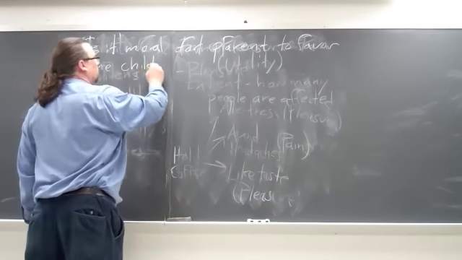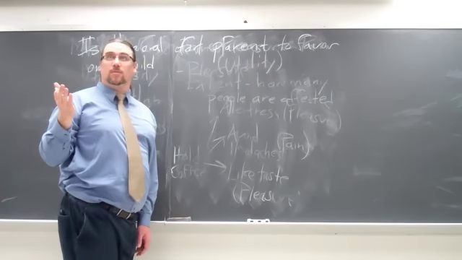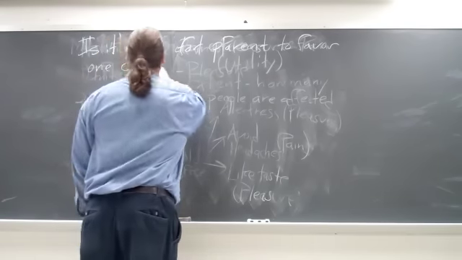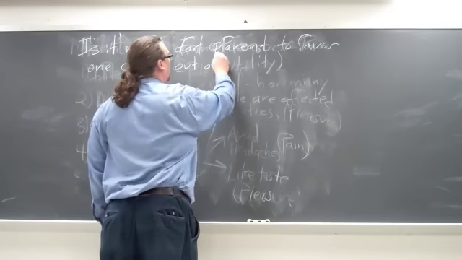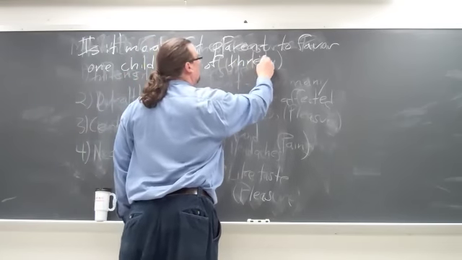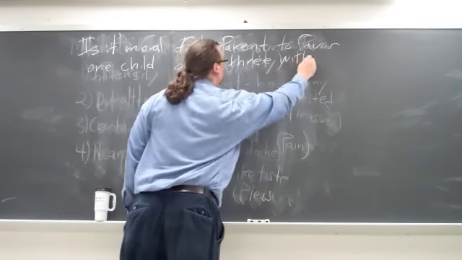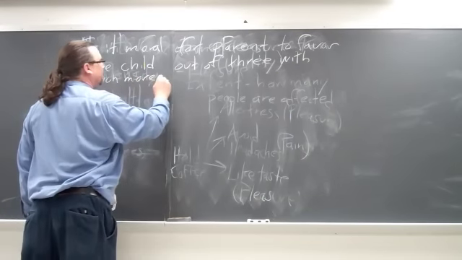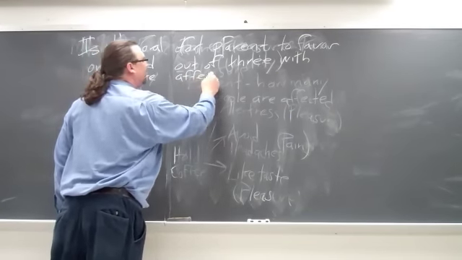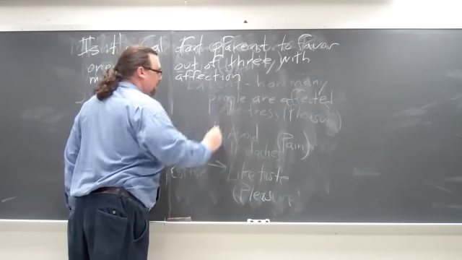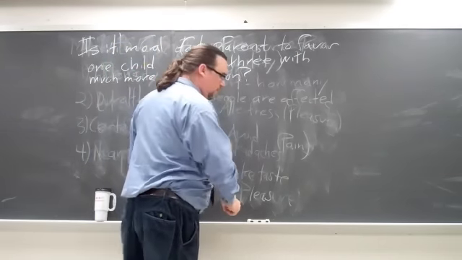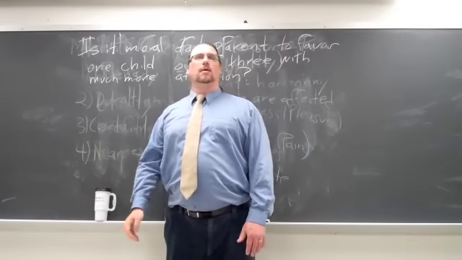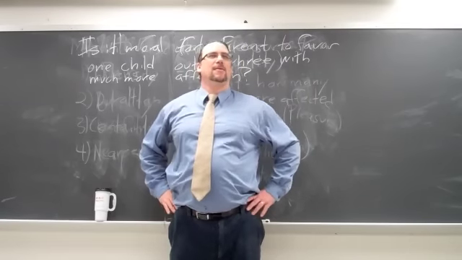How many children should we have? Just 2 children or 3 children? 3, okay. So one child out of 3 with much more affection. And if you want to come up with reasons why, they just happen to like that kid more.